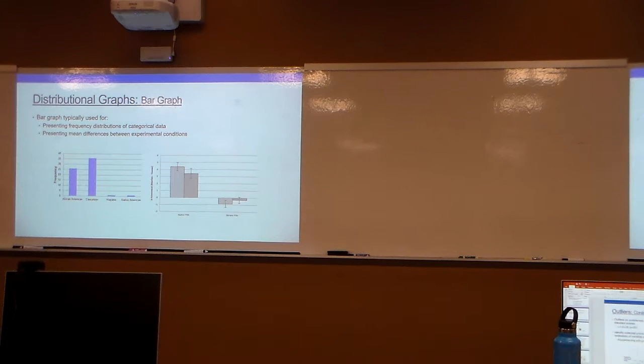Real quick, thinking about graphical methods, distribution graphs, bar graphs. Bar graphs are nice for presenting frequency distributions and mean levels for categorical group-level data. So there's a nominal variable here. This is experimental design where we've got a couple different conditions on a continuous outcome, presenting mean differences.